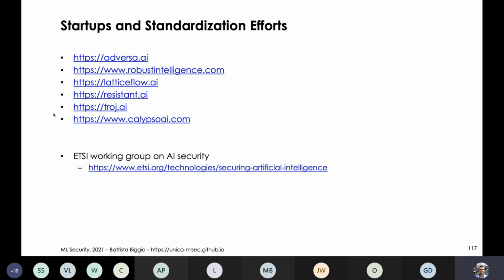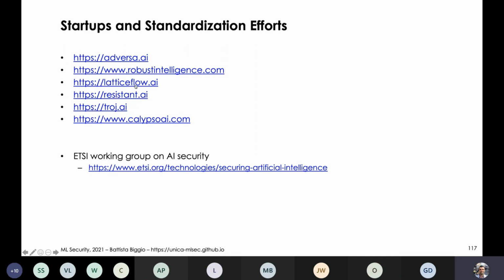I'm sure there are more out there, and they are also very different from each other. For example, Resistant AI started with the goal of achieving AI security in general, but they are now focusing on the finance sector, for credit scoring and these kinds of applications.